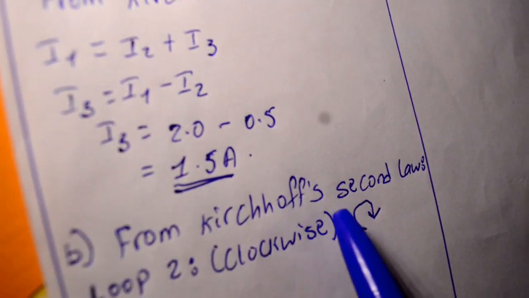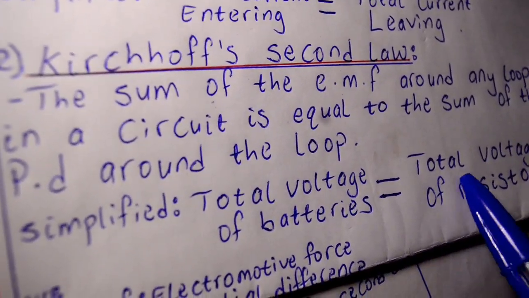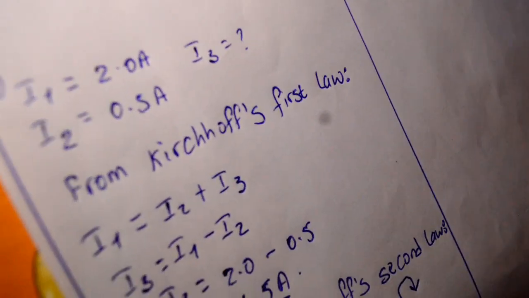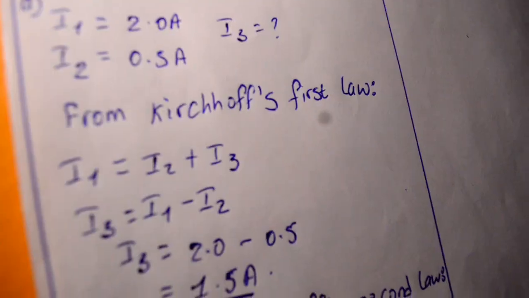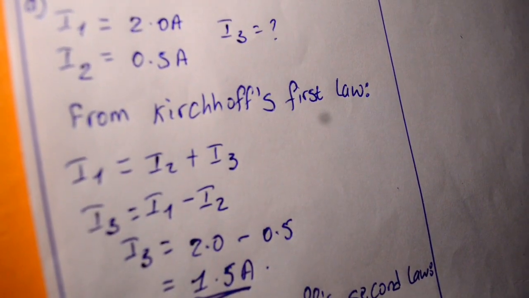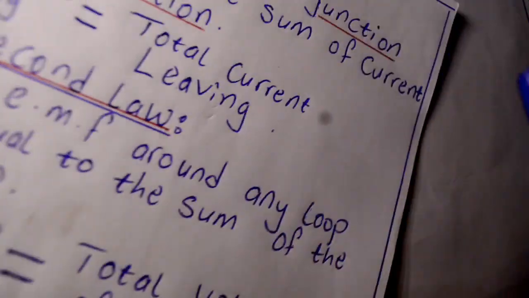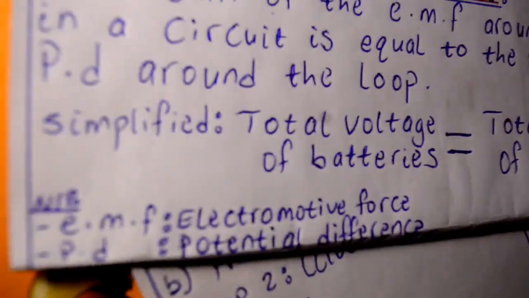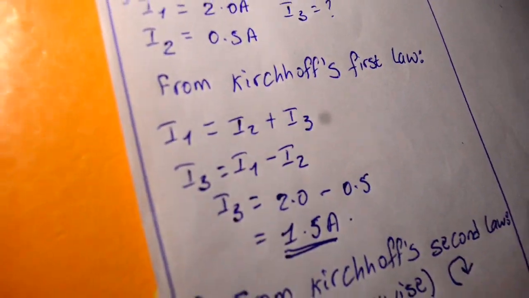Applying Kirchhoff's second law, total voltage of the batteries equals total voltage of the resistors. Is there any battery in this loop? No. So it's 0 equal to the total voltage of resistors. So where are the resistors?